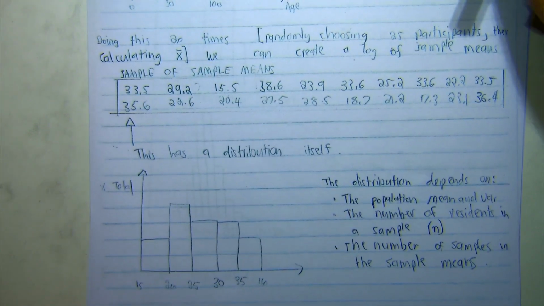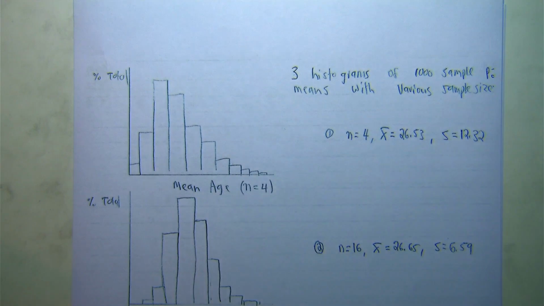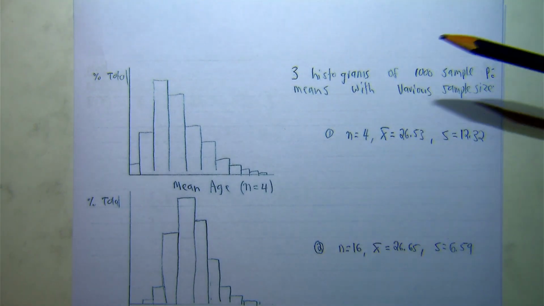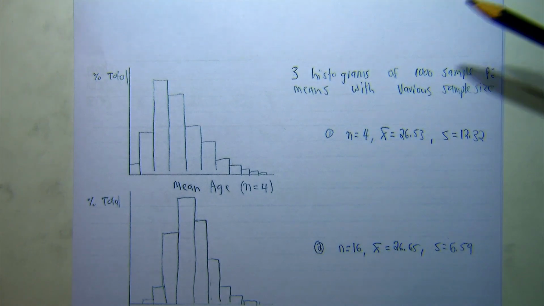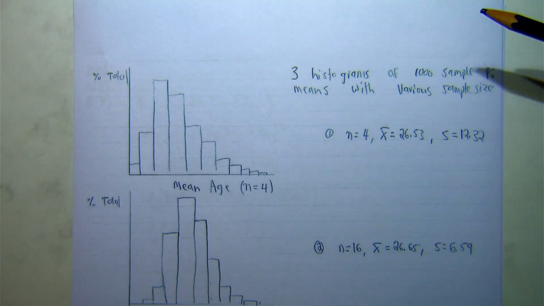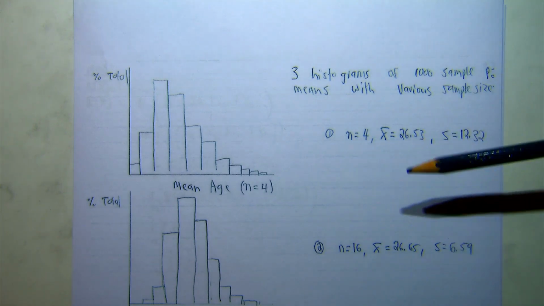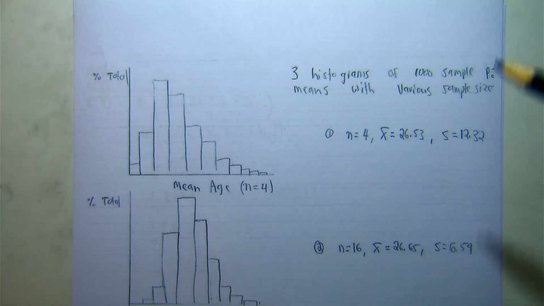And what you'll actually find is that there's a trend for this distribution. Here are 3 histograms that depict that trend. So let's say we took 1,000 sample means, and what is varying in this histogram is how many people are in each of those 1,000 samples.